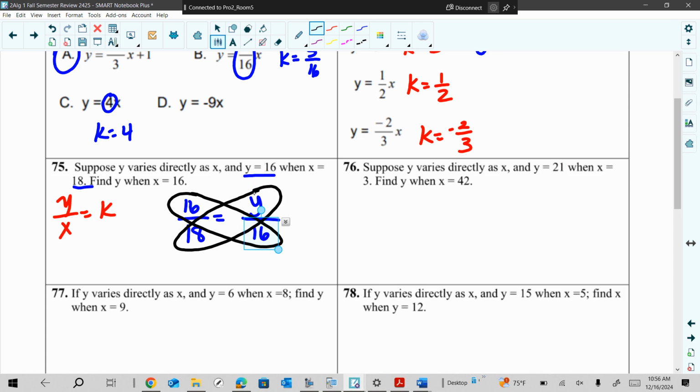When we have two ratios, we cross multiply to solve for y. This is 18y equals 16 times 16, which is 256. Then you simplify it by dividing by 18.